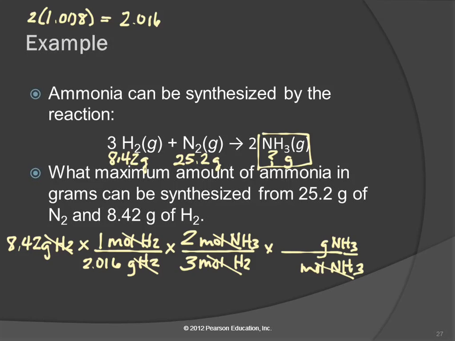And for ammonia, I've got 1 nitrogen and 3 hydrogens. And that's going to end up being 17.034. One mole weighs that much.